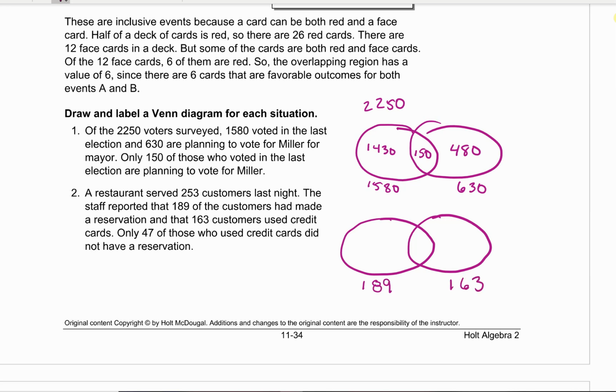163 used a credit card. 47 of those who used a credit card did not have a reservation, so we got 47 over here. So that means of the 163, we subtract 47, we have 116 who made a reservation and used a credit card, and then that means we've got 73 who made a reservation but did not use a credit card.